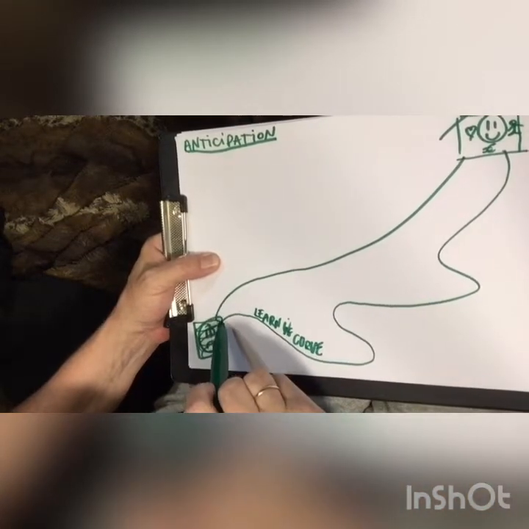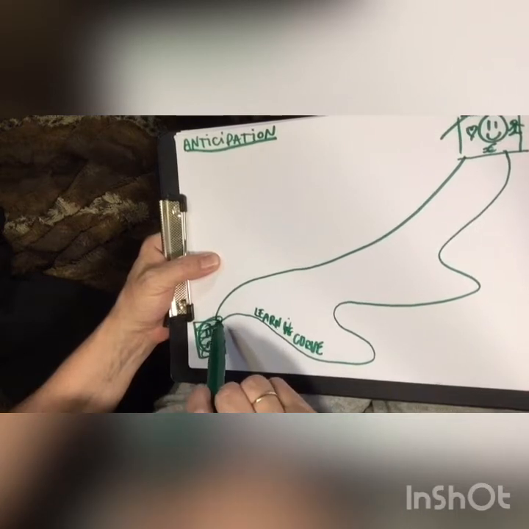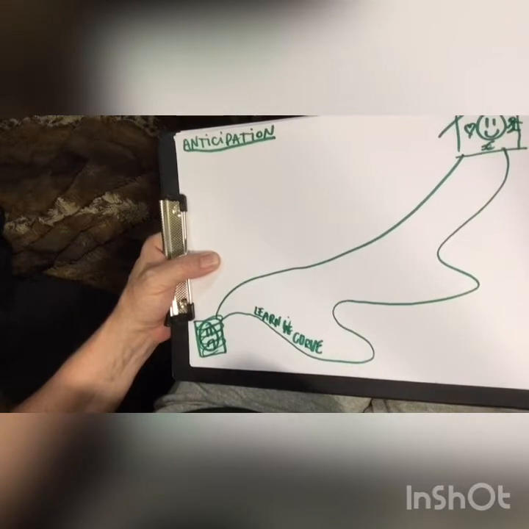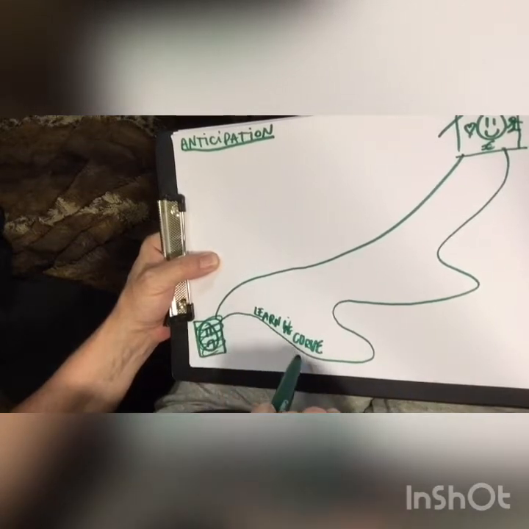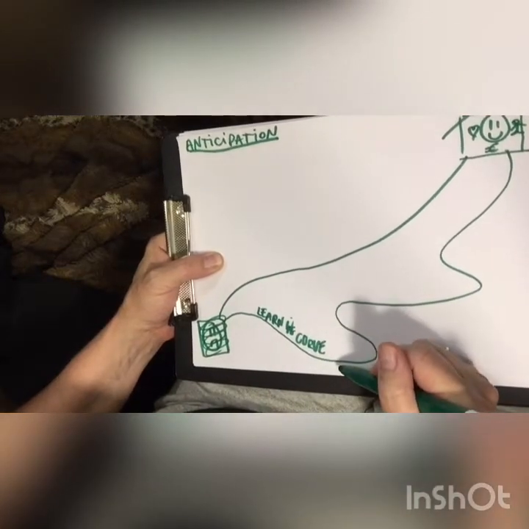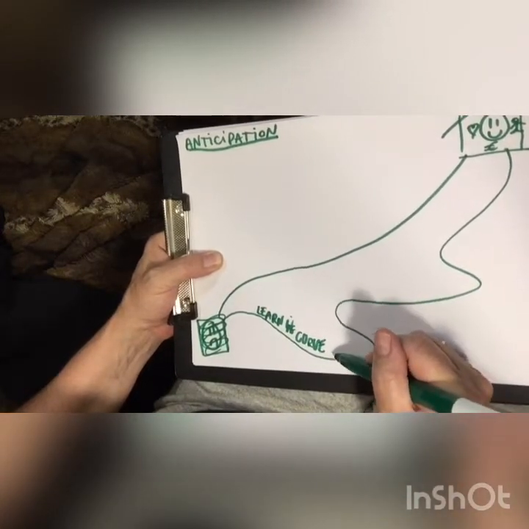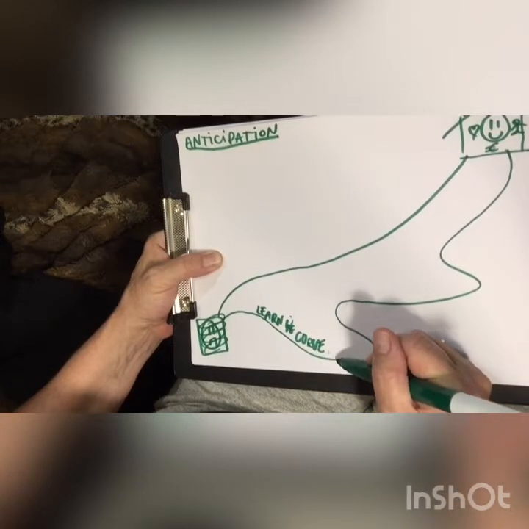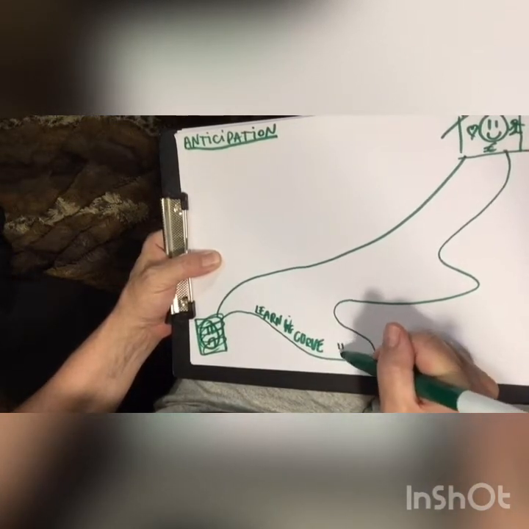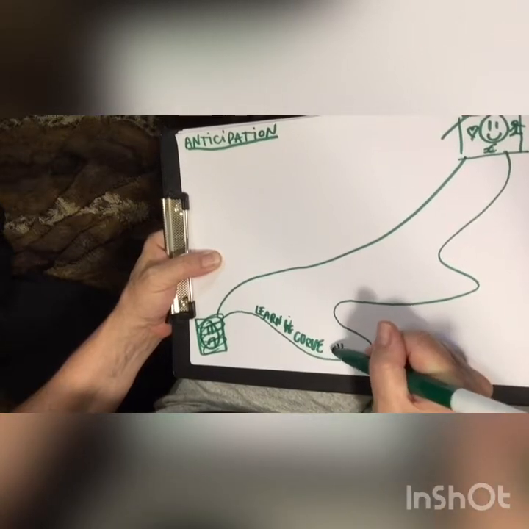So most times when people start a new business or something new, you get stuck in the learning curve. And what happens is that the learning curve is so steep that you might be pushed out of it. And so here you will draw another sad face, a crying face.